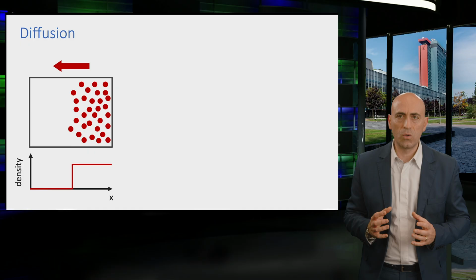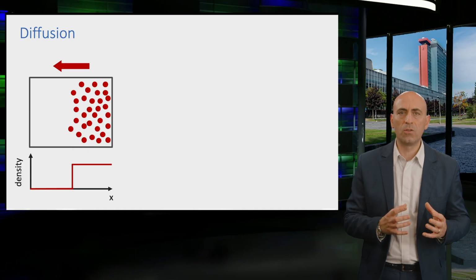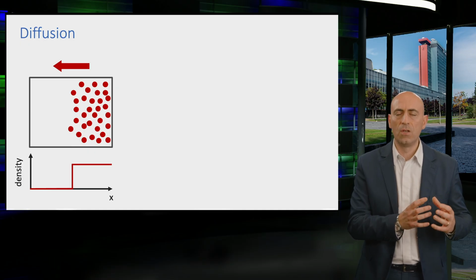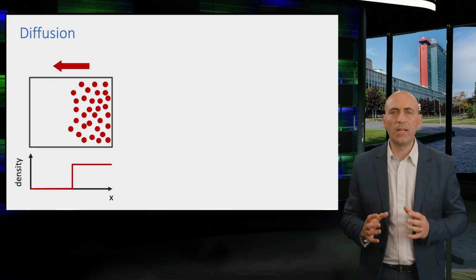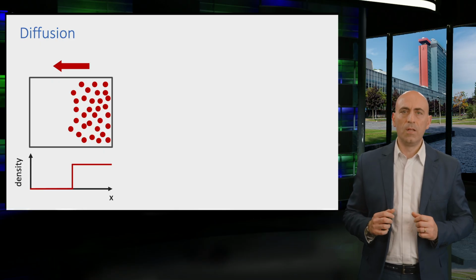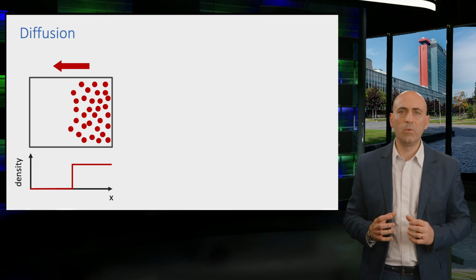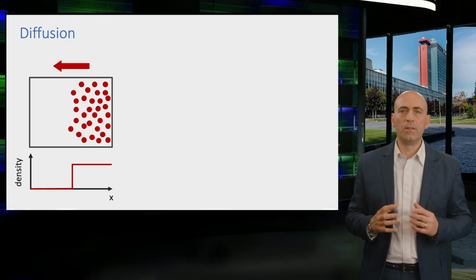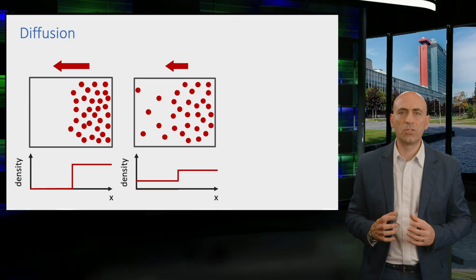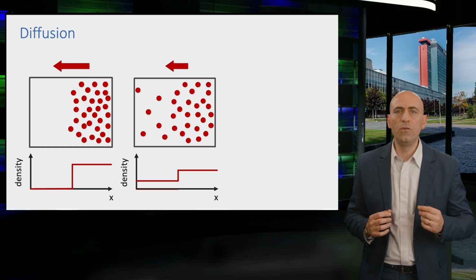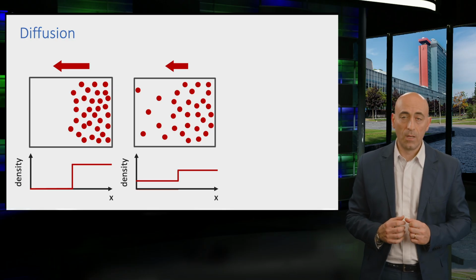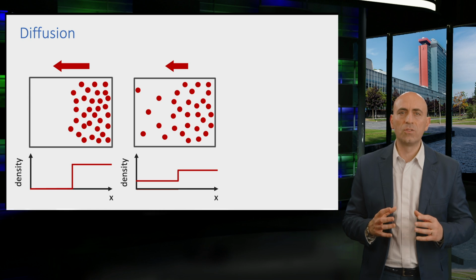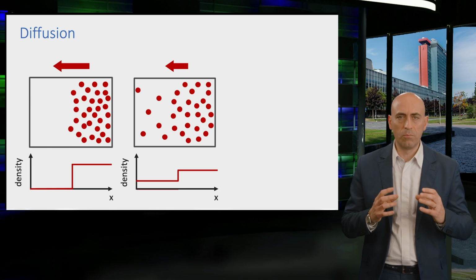To visualize this process, we start with a semiconductor with a large concentration of electrons on the right-hand side and no electrons on the left-hand side. This big concentration gradient will cause a large flow of electrons from left to right. The net flow of electrons in one direction will result in their diffusion towards the left side. However, gradually the concentration gradient will get smaller and smaller.